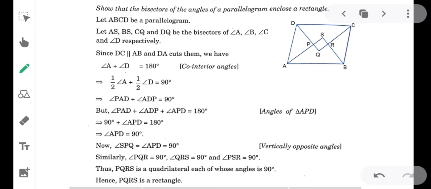Next question. Show that the bisectors of the angles of a parallelogram enclose a rectangle.